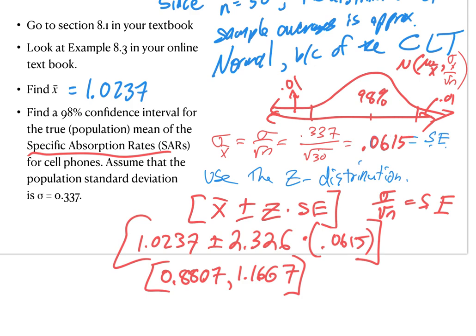The second way that I could explain this in context that would be a correct interpretation of a confidence interval was if I would repeat this process over and over again, thousands of times, I would expect 98% of the confidence intervals that I created would include the actual average specific absorption rate for cell phones. Those would be the two ways that you could correctly interpret this confidence interval.